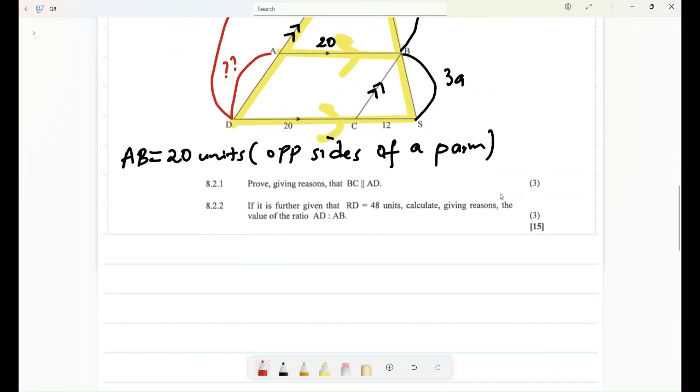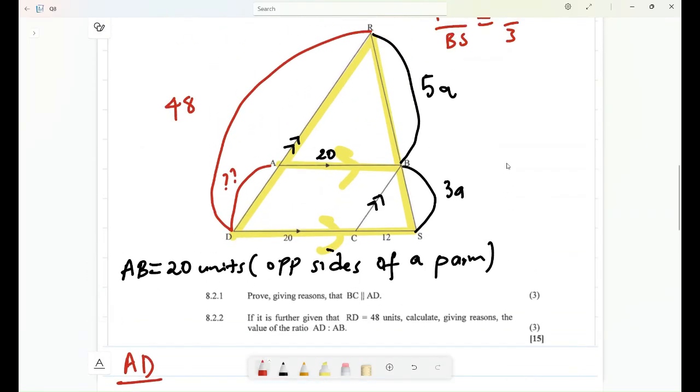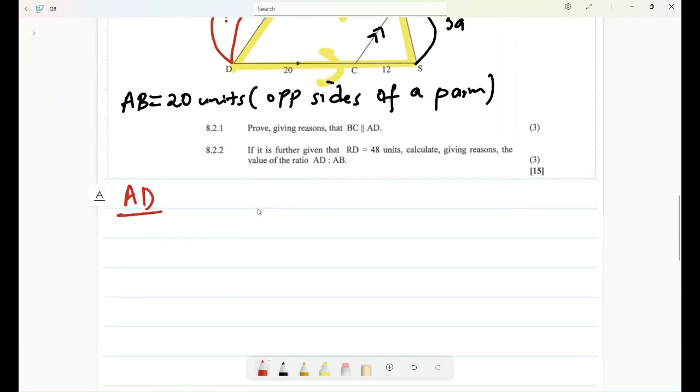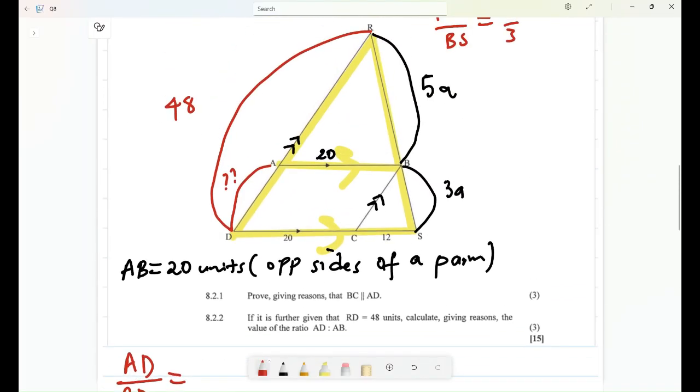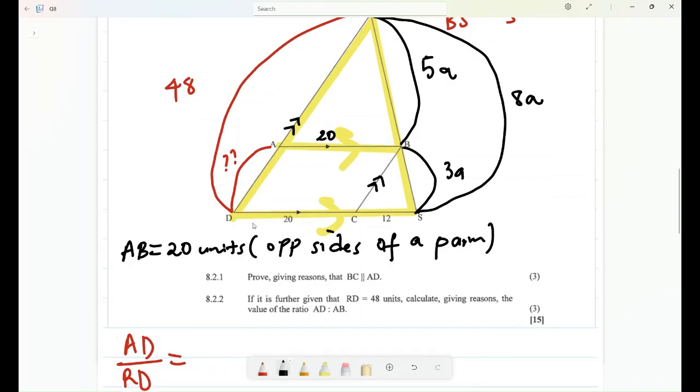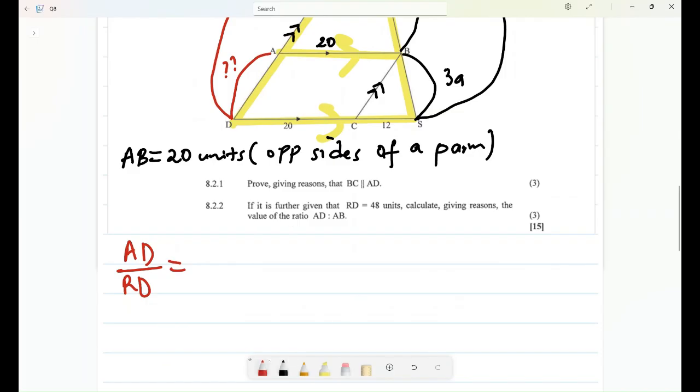So I'm going to set up an equation that says AD divided by the given. I want to use everything that I have. I have the exact value of RD. It is equal to, what is it equal to? Now, can you see instead of RB, it will be RS, because RD is the longest side. RS is equal to the sum of these two, which is 8A. Divide by BS.